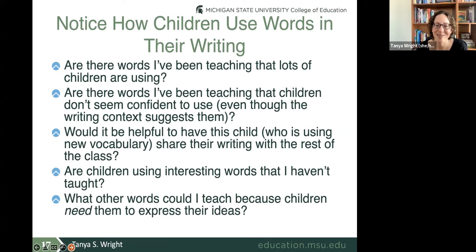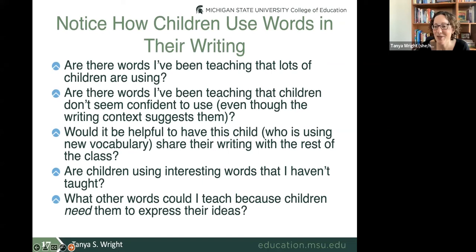Maybe if a child uses a wonderful new word in their writing, that's a great time to have that student share, and maybe share why they chose to use that word and how that helped them to convey their ideas, and to point that out and notice it and share it with the group.